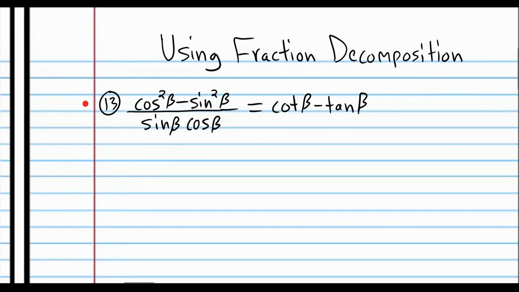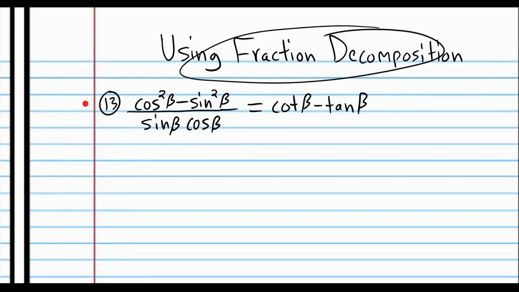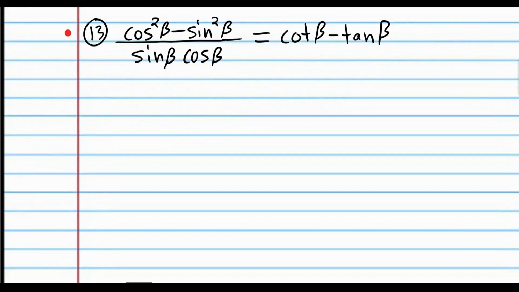We're going to do something called fraction decomposition, and all that means is that you're going to take a fraction and break it into multiple fractions. For example, you might have 3/4. You could break that into 1/4 plus 2/4, right? That's legal, right?